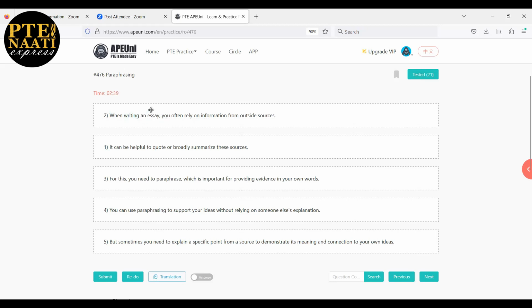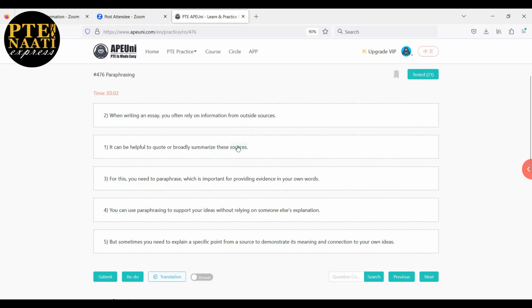Now we need to look at this essay and these outside sources, and see what the next sentence is. Yes, so if you look carefully, automatically the number one has come down. For this, you need to paraphrase. You can use paraphrasing. It can be helpful to quote or broadly summarize these sources.